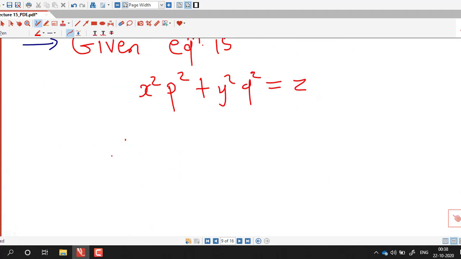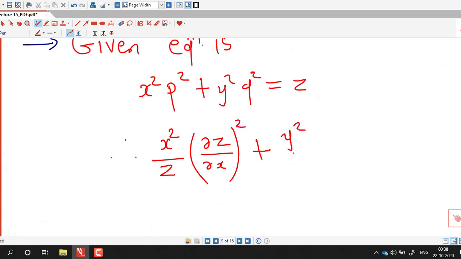Now I want to reduce this in terms of standard form 1. So for that, first I divide by z, and I write p square as square of del z by del x. Same thing on this side, y square divided by z, del z by del y. Q is replaced by del z by del y equal to 1.